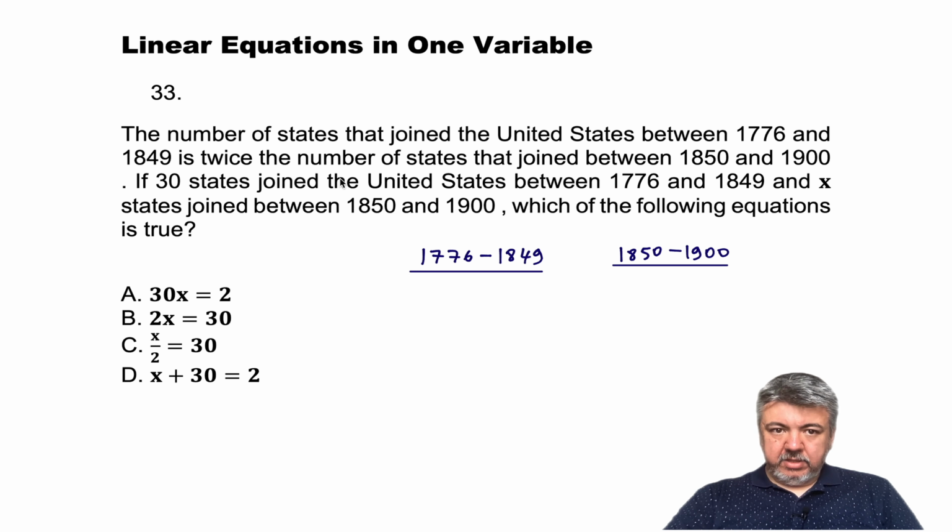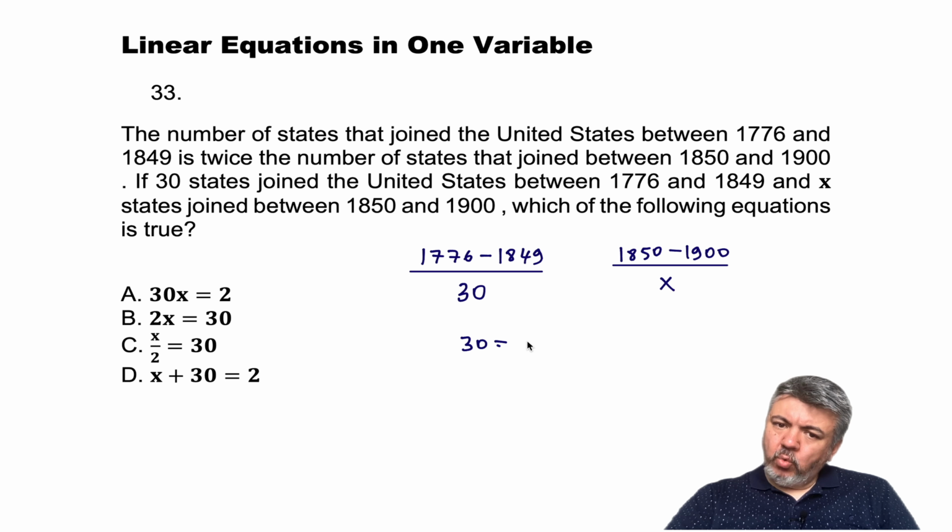If 30 joined states between, okay, this is 30, and this is x. What did it say? Twice the number that joined. So 30 is twice the number x. So that's the equation. That's B. Let me check again.